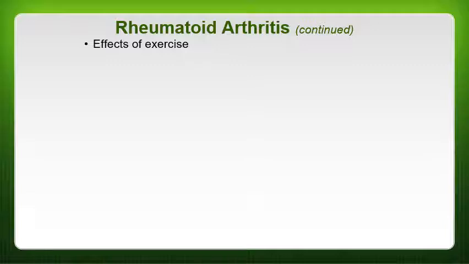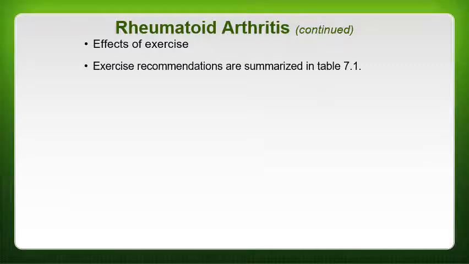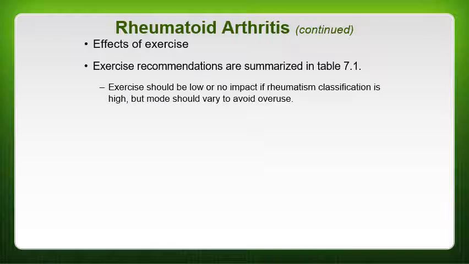They also say that even things like yoga and Tai Chi work very well, so different forms of exercise can be beneficial. As far as recommendations, exercise should be low to no impact, particularly if their rheumatoid classification is high, and make sure to avoid overuse.